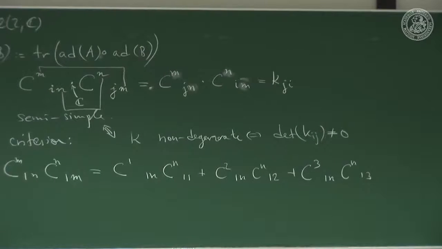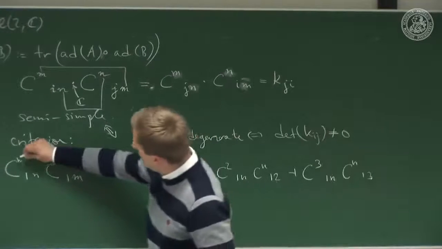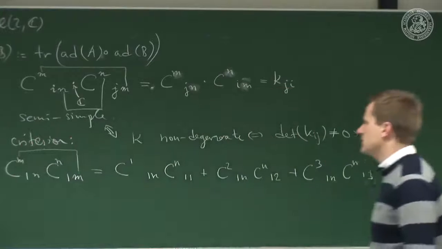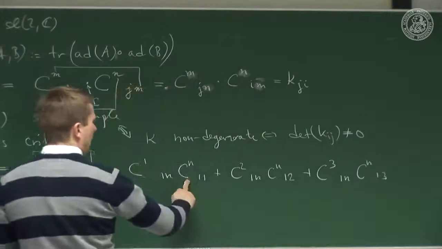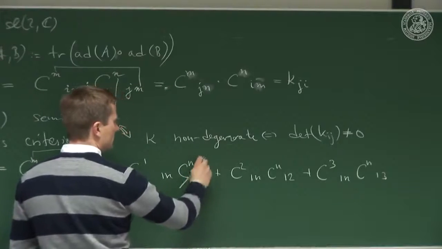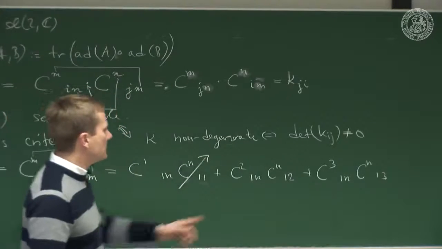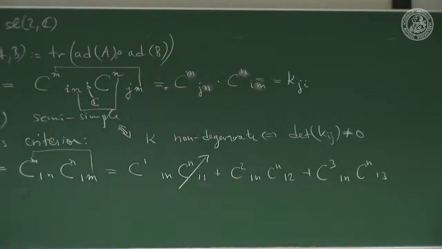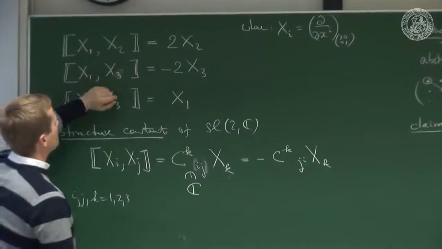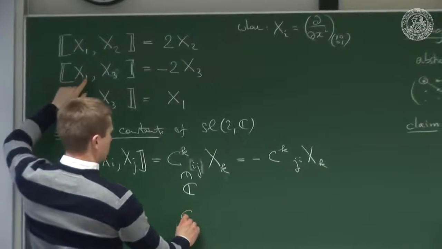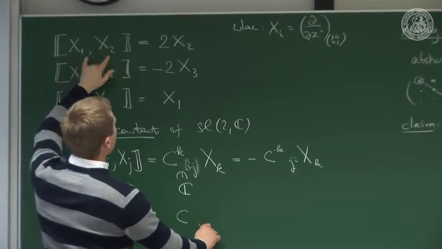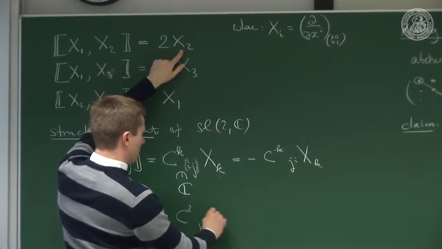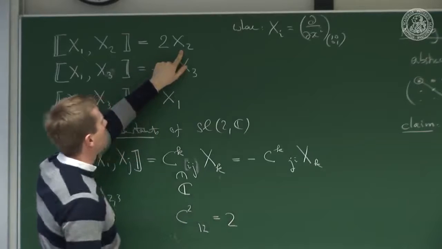So this is just resolving here the summation over m. And now we already see C is antisymmetric in the lower two, so this term must go out. These terms stay. But now if we look at the structure coefficients, what are the non-trivial structure coefficients? We have C1 2, that's this one, only has the 2 component, and that is 2.